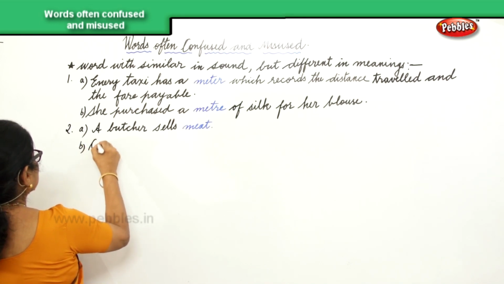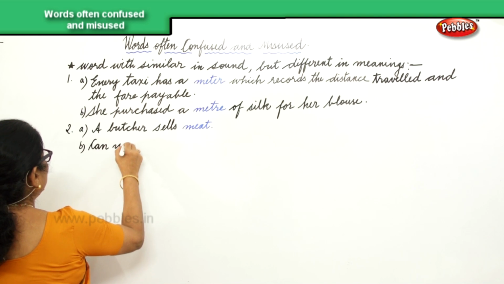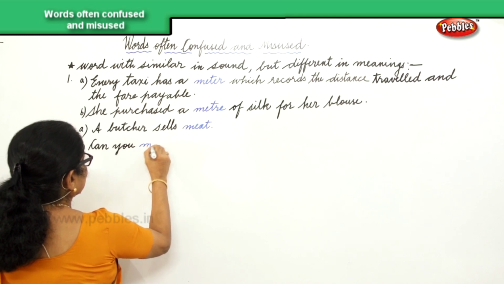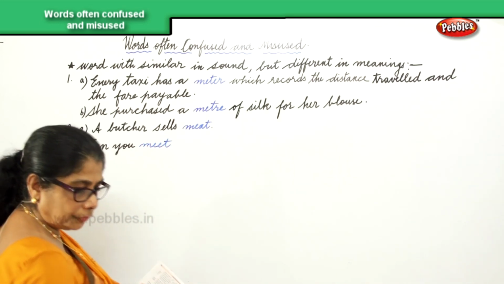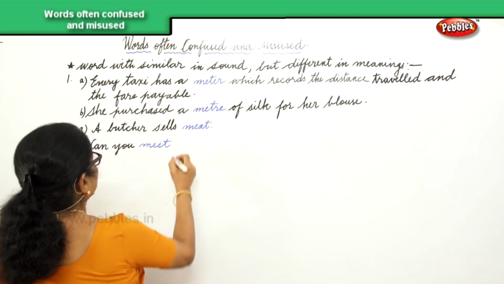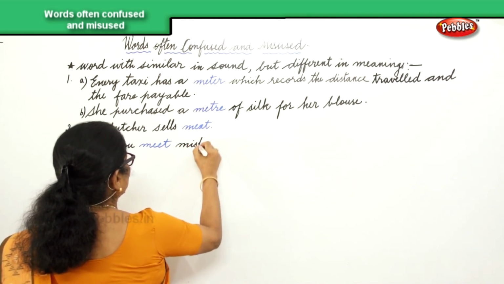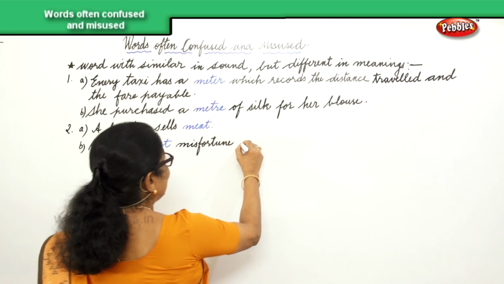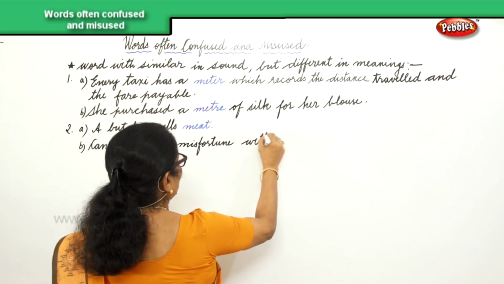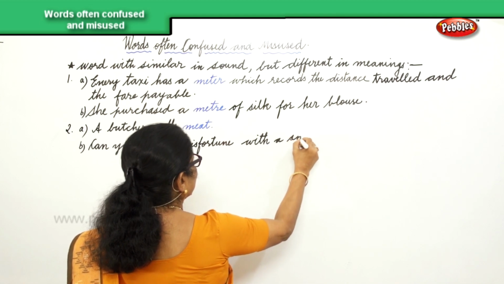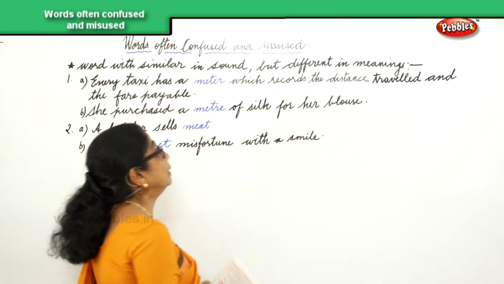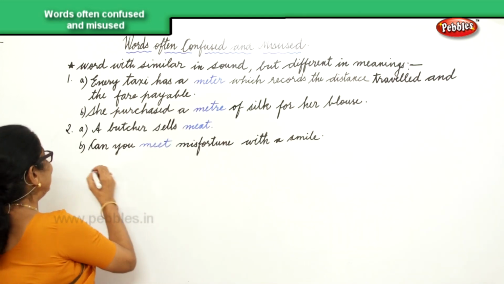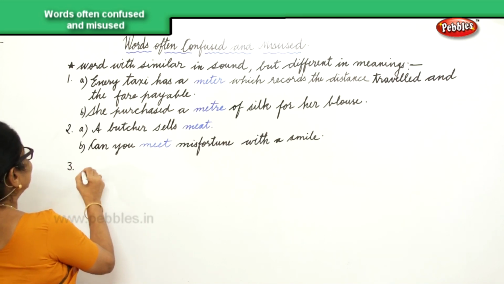Look at the spelling: meet. Can you meet misfortune with a smile? Look at the two different words, meat and meet. They sound the same, but they have different spelling.